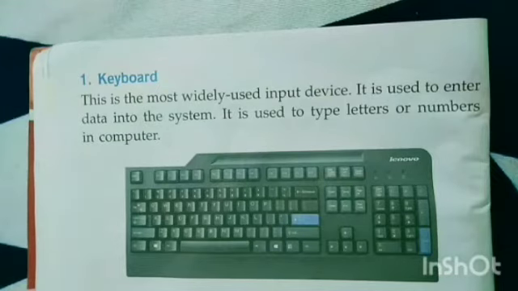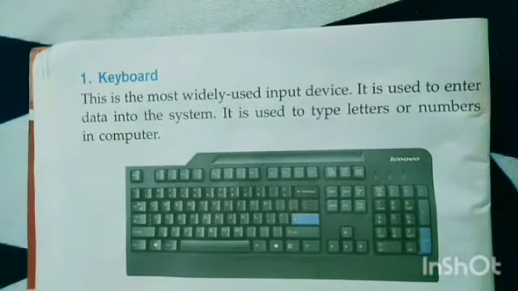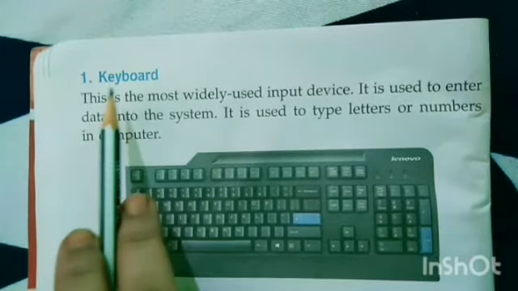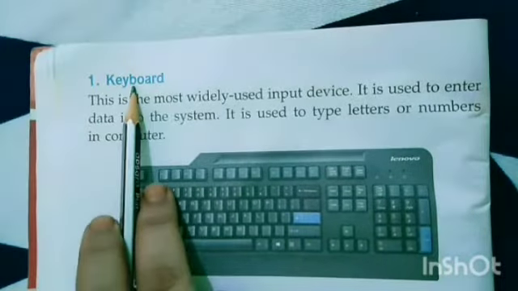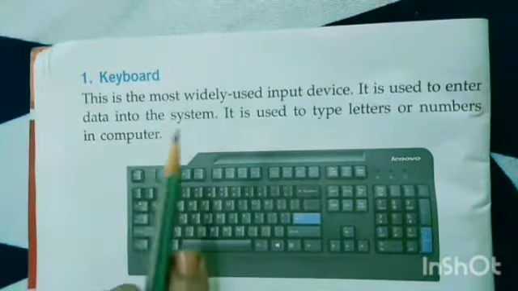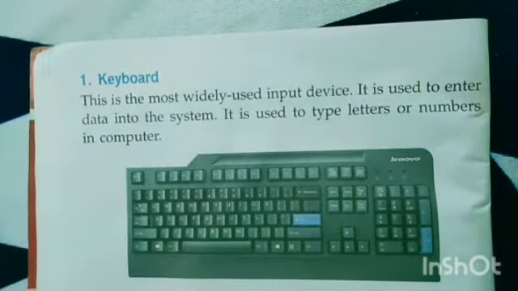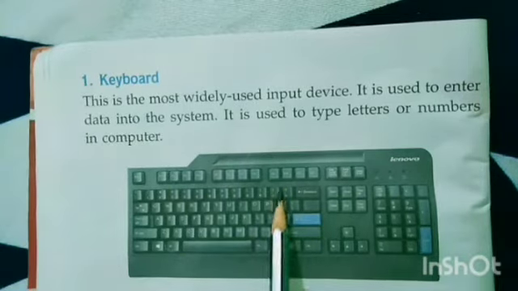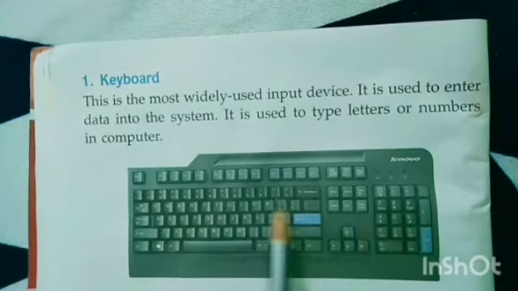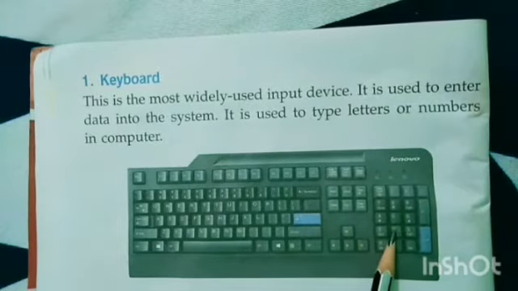Now we discussed some input devices. The keyboard is an input device through which we type and enter the data. It has 26 alphabet keys and number keys, 0 to 9.